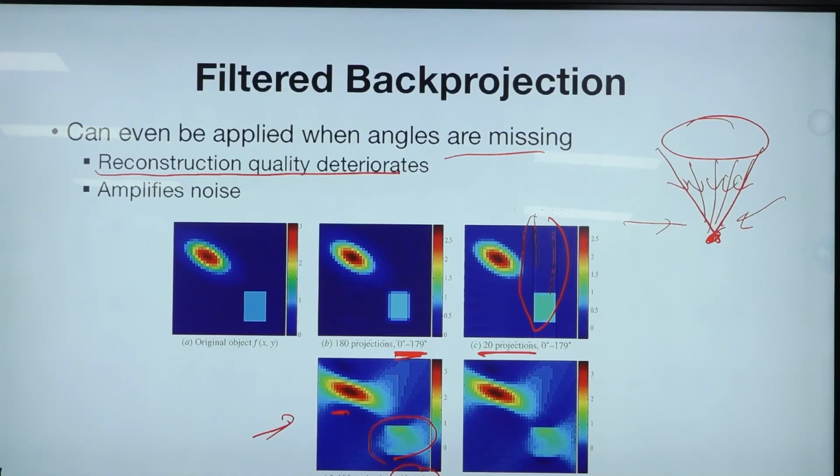Next time we'll figure out what is called the best possible estimate: given the data, what is the best possible reconstruction which minimizes the error. There are ways of figuring that out, at a different time. But the limited range of angles is one thing that could deteriorate your reconstruction.